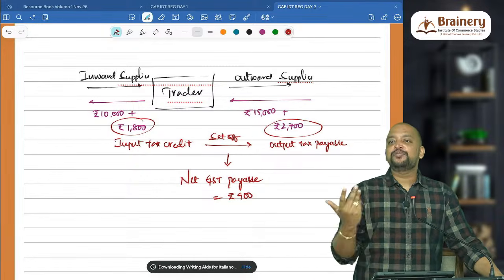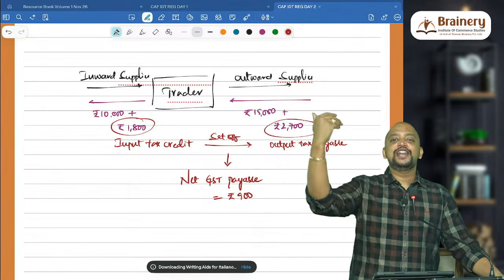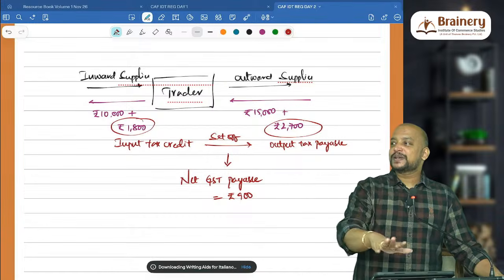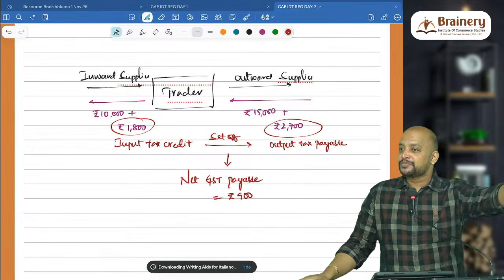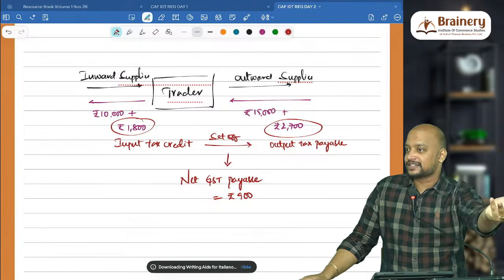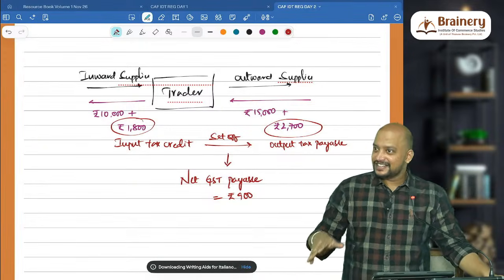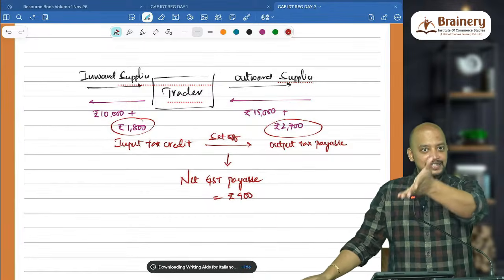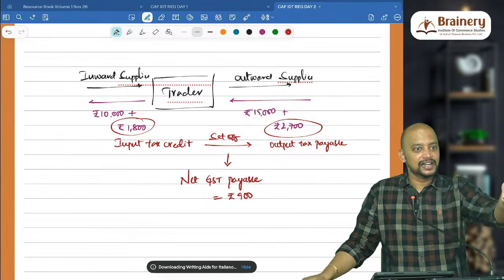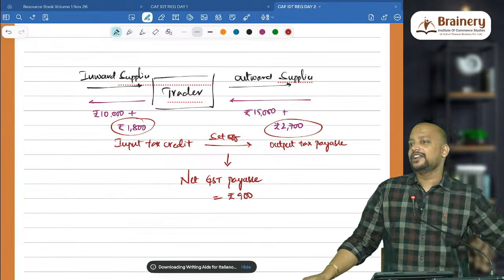There is no need of input tax credit. GST is always on value addition. Sale price minus purchase price into GST, job done, and there would be no need of indirect taxes at all. Sales minus purchase into GST, single rate means there is no issue at all, correct?